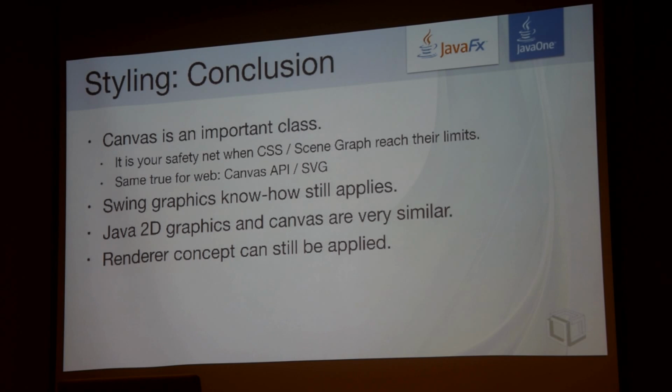If you work with JavaFX, you should look into that, because it will help you in those situations where you just can't work with CSS because it requires too much time. And the good thing is that your Swing graphics know-how still applies because the 2D API is still very similar. And if you want to, you can even use a renderer concept like in Swing.